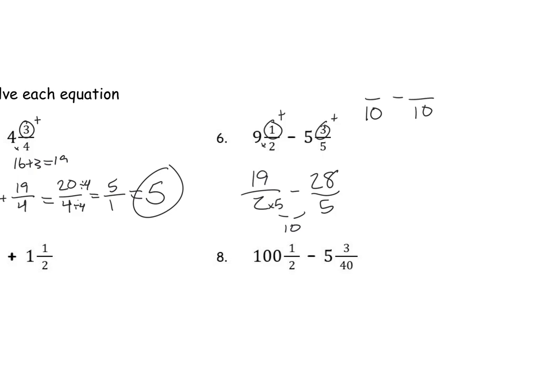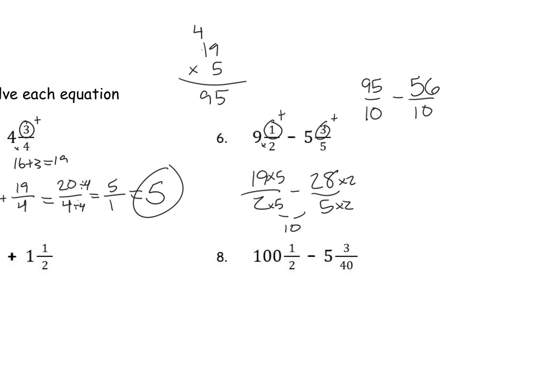2 times 5 is 10, so we're 19 times 5. Looks like this. 5 times 9, 45. 5 times 1 is 5 plus 4 is 9. So we get 95 tenths minus, this is multiplying by 2. 28 times 2 is 56.